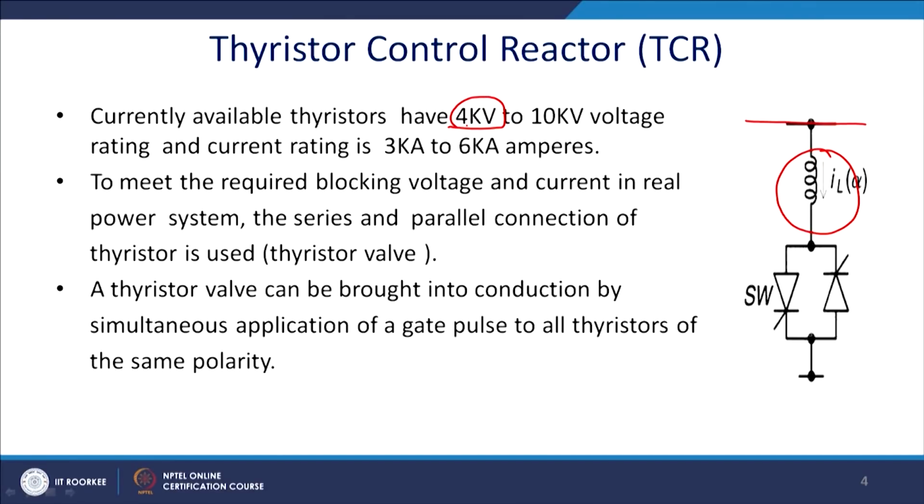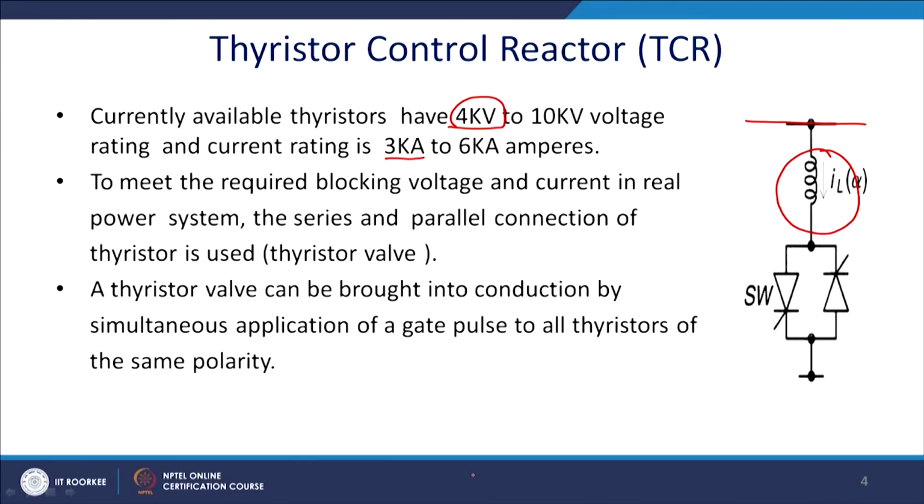Thyristors are available with quite high ratings, of 4 kV or 10 kV. Most of the cases, with a factor of safety, a voltage rating of 6.6 kV or 10 kV is chosen, and a current rating of 3 kiloampere or 10 kiloampere. That is the standard rating available, and we need not connect any thyristors in series or parallel; you can directly fit them into this configuration.